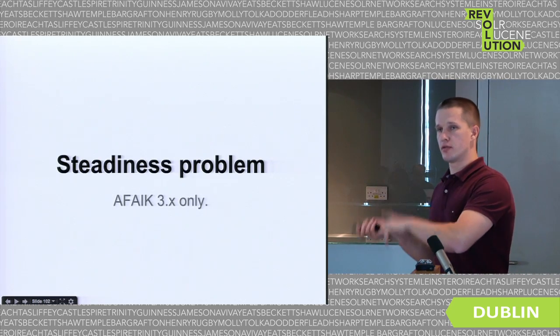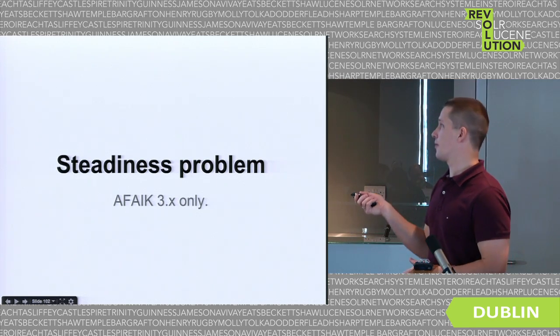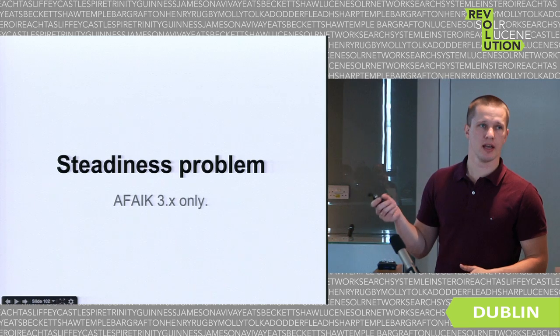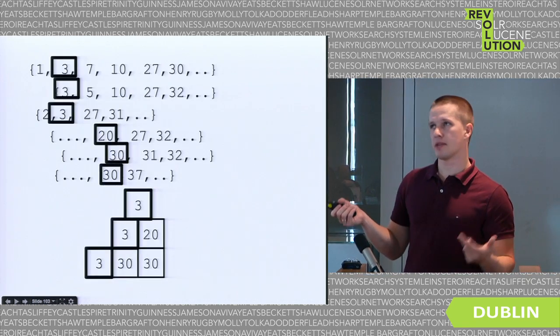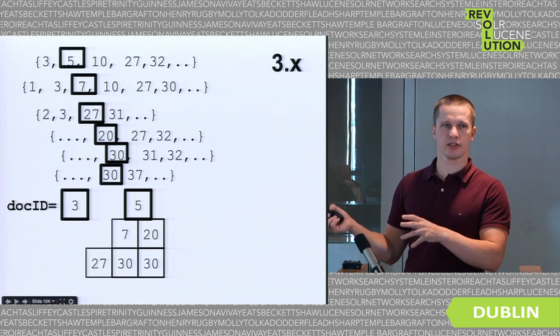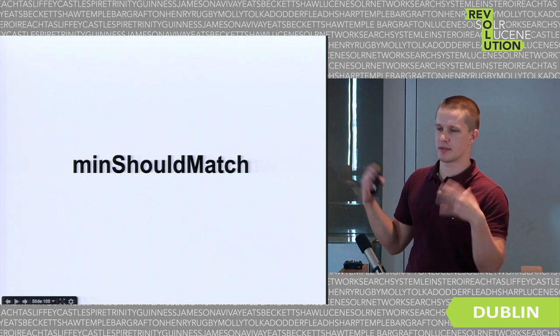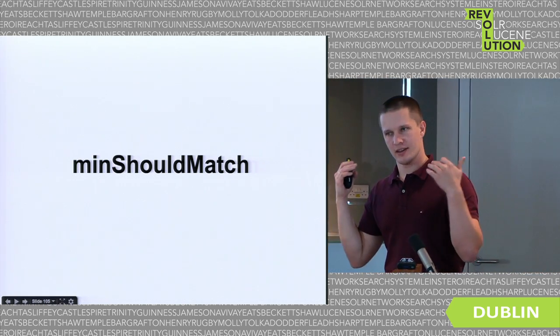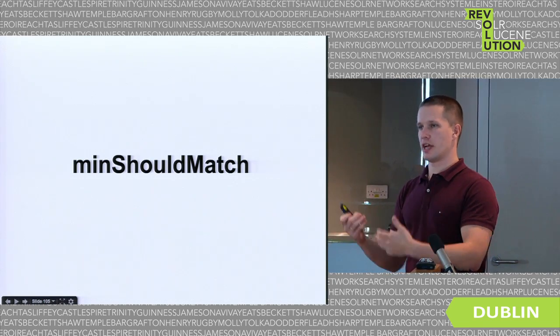Nevertheless, Lucene accepts this problem and addresses it by providing min should match functionality. I might be wrong, but classic information retrieval says nothing about such constraints, so it's a response to practical challenges.